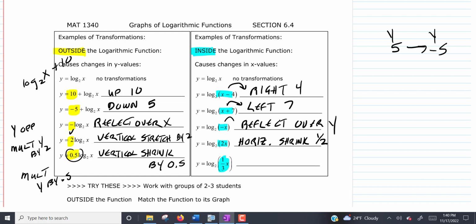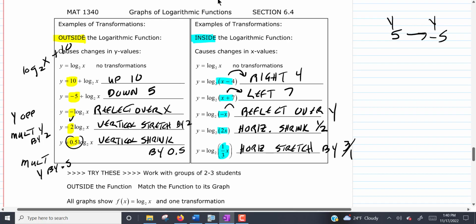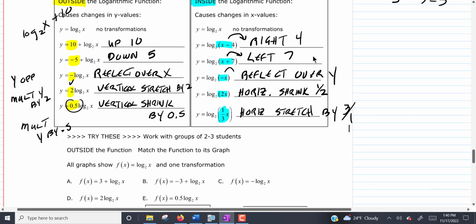If you remember reciprocal, that'll help you understand whether it's a shrink or stretch. The next one is a horizontal stretch by the reciprocal, so by 3/1. See, everything's totally backwards when you're inside of a function. That's how I remember it. Right, left, and the horizontal stretch and shrink are always by the reciprocal. We learned that much more specifically earlier in the semester.